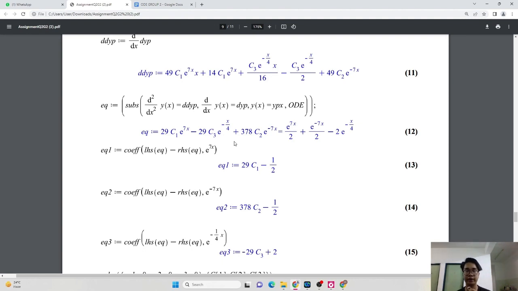And the answer we get is eq equal to 29 c1 e power of negative 7x negative 29 c3 exponent power of negative x over 4 plus 378 c2 exponent power of negative 7x equal exponent 7x over 2 plus exponent power of negative 7x over 2 and negative 2 exponent power of negative x over 4.